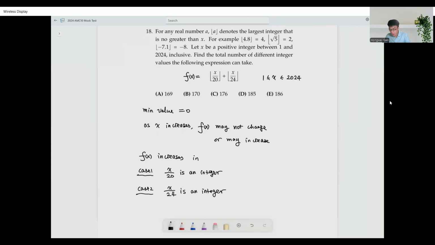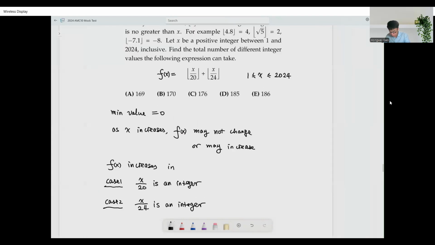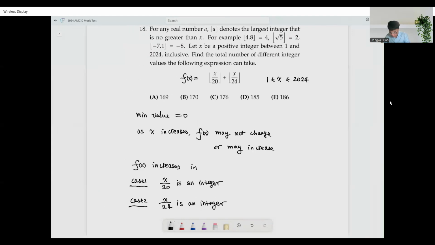Now let's count how many such numbers are possible. First, for the case that x is a multiple of 20 up to x equal to 2024, we can see there are 2024 divided by 20. If we take the integer part, the largest value is 101. So there are 101 cases.